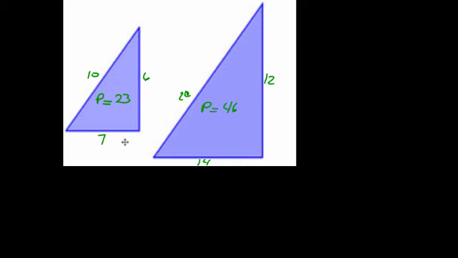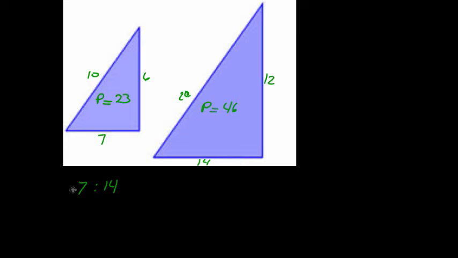Now, notice it said that we can create a ratio between the perimeters and one of the corresponding sides. We can either pick the 7 and the 14 or the 6 and the 12 as a corresponding side. It really doesn't matter. So I think I'm going to pick the 7 and the 14 because I like those numbers. So 7 to 14, that's our first ratio.